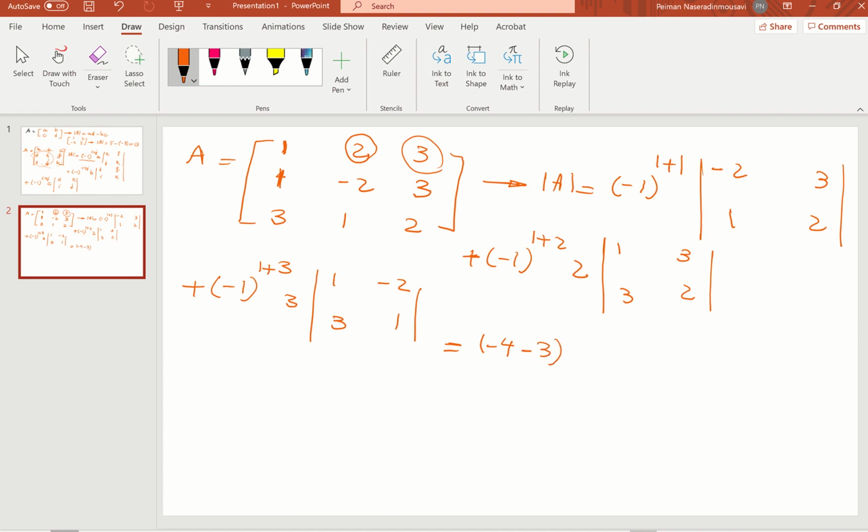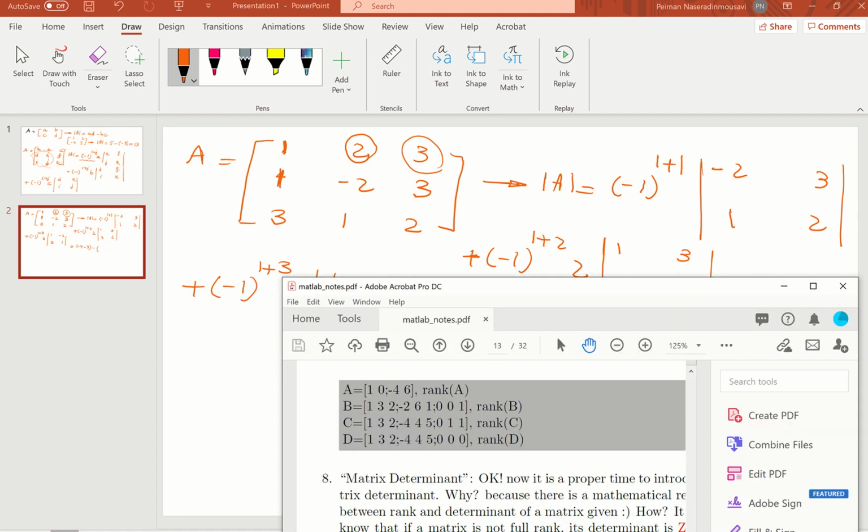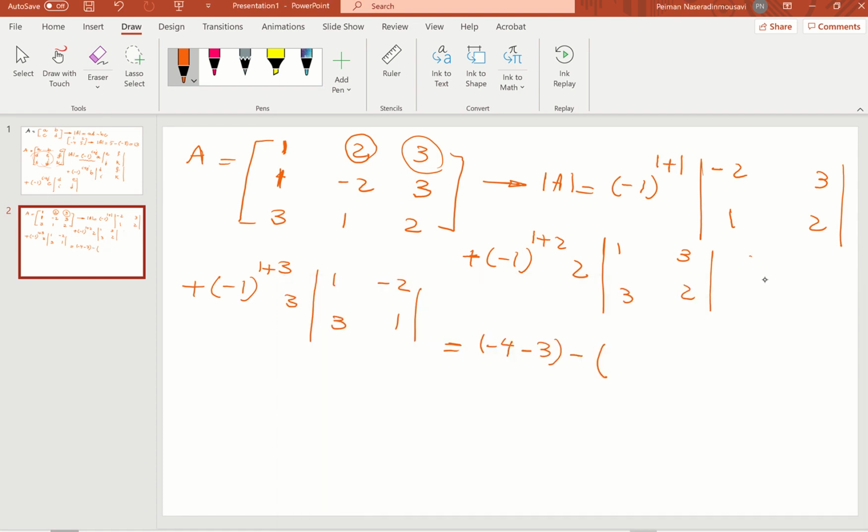And now minus 1 to the power of 3 is minus 1. And you have a 2 here, so it's going to be 2 minus 9. Plus, minus 1 to the power of 4 is 1, 3, 1, plus 6.